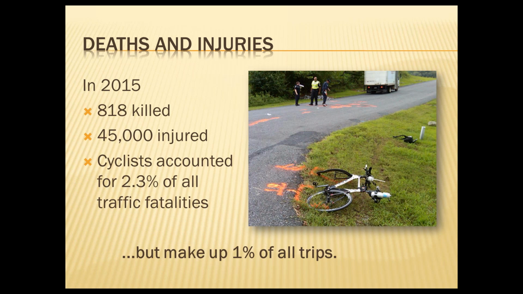And when you think of the average length of a bicyclist trip, it's certainly going to be significantly fewer vehicle miles traveled by bicyclists than compared to automobiles. So they are overrepresented in our crash statistics.